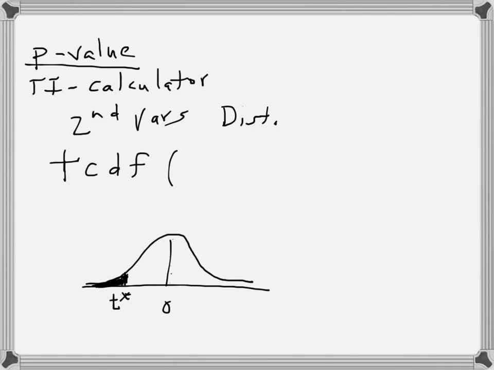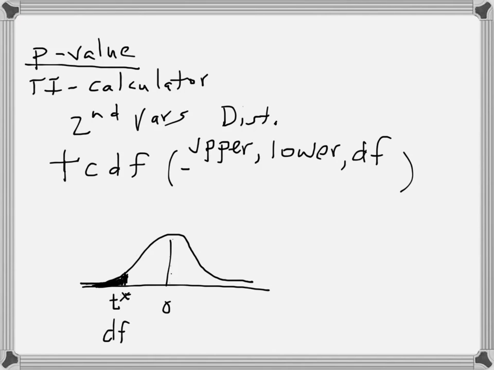And let's just say it's some degrees freedom. I'm just going to call DF. Well, in this case, since it's a left tail test, it's probably going to be a negative test statistic. I'm going to put in, the general code for tCDF is upper, comma, lower, comma, degrees freedom. Just like normal CDF, except for I don't need a mean and standard deviation.